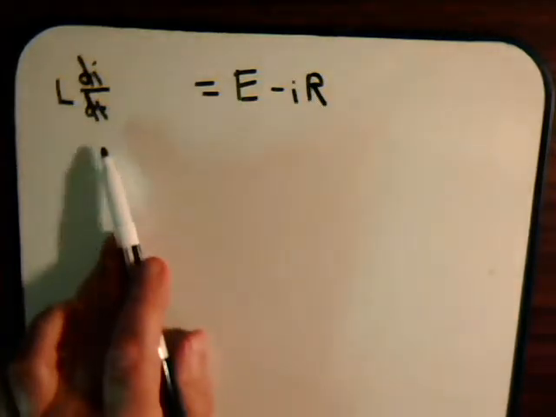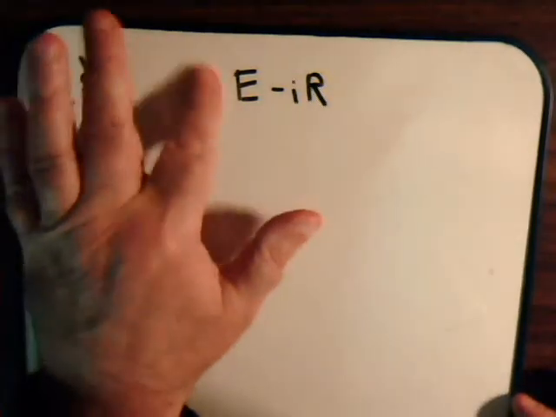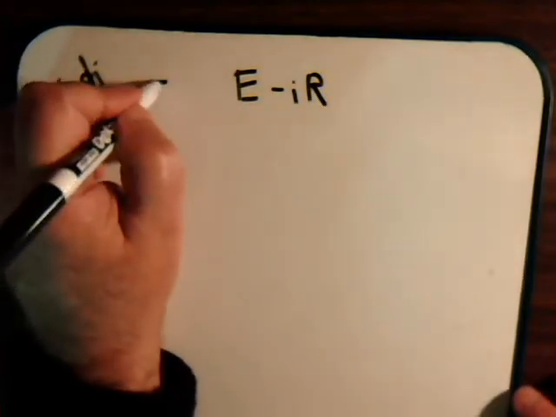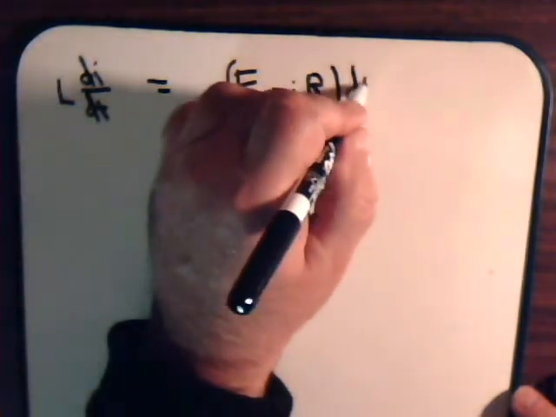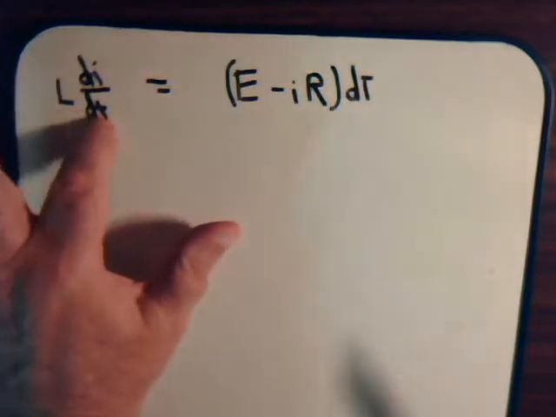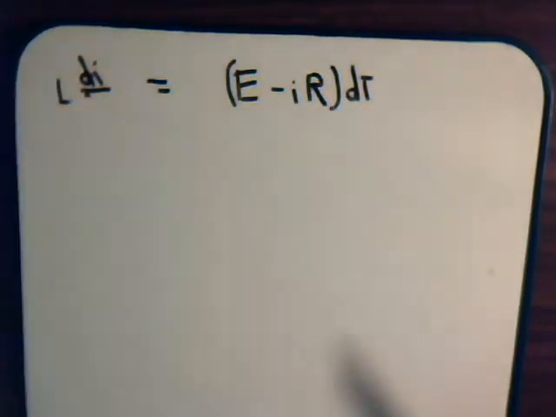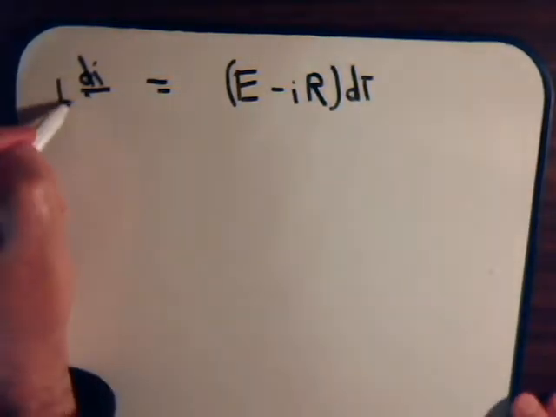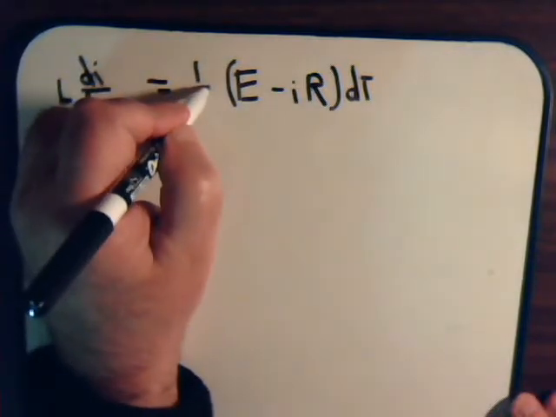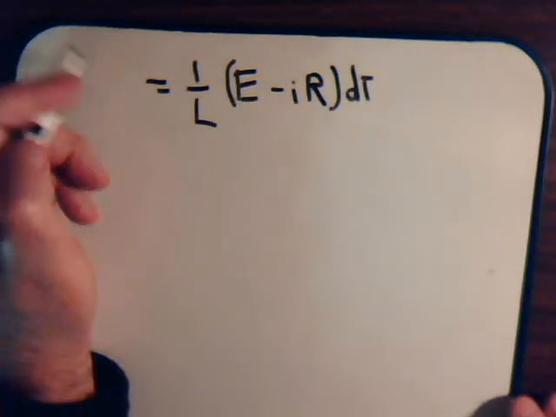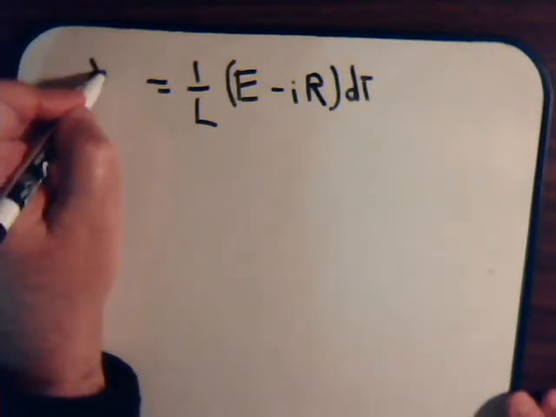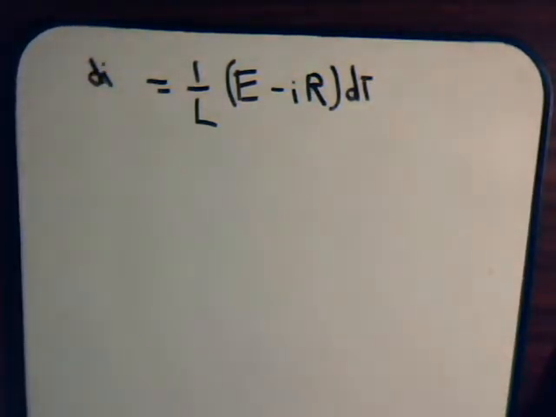Then multiply both sides by dt. So this is gone. And divide both sides by L. So I have di, make it a little bit neater, equals this.